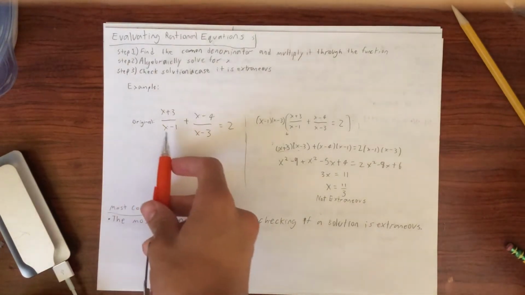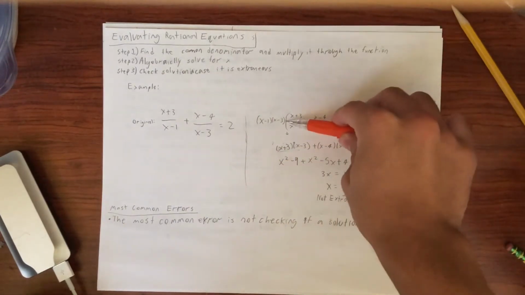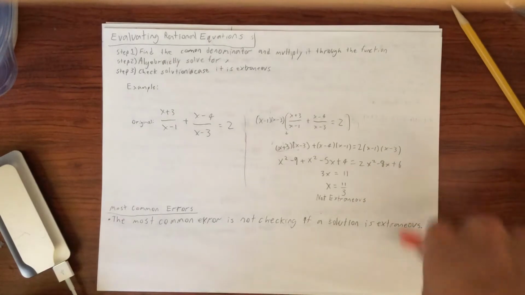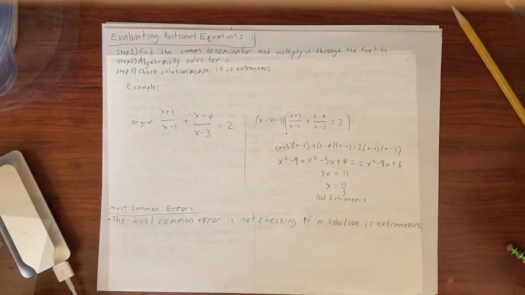As you can see, I've done that here. Multiply common denominator, then algebra, not extraneous. A common error is not checking if the solution is extraneous.